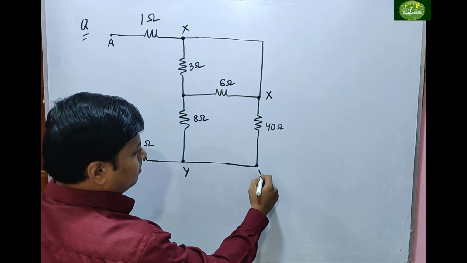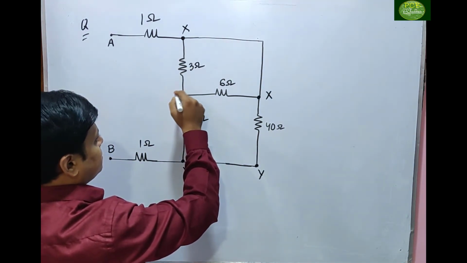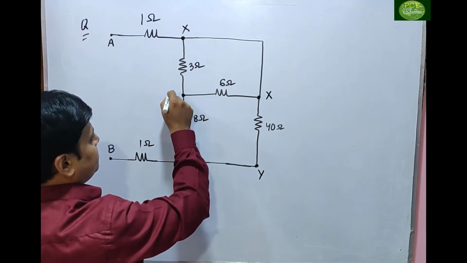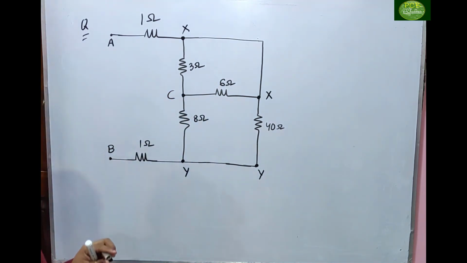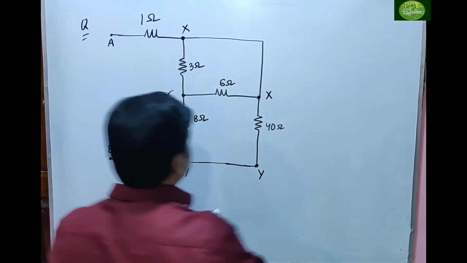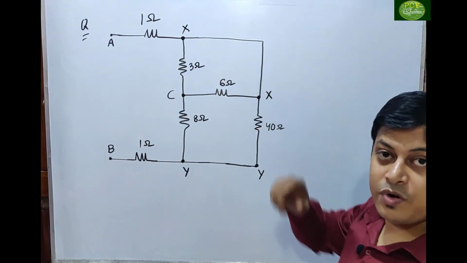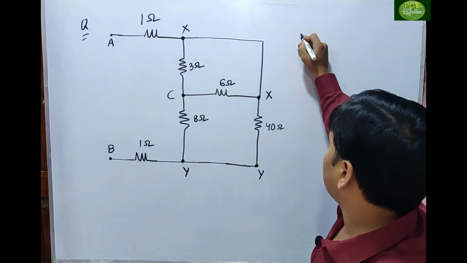If this is y, this will be also y. Let us take this one as c. Clear? We'll rearrange the circuit. So what I'll do, can I connect here this x and this x as a same point? Yes. So I'll redraw this one.